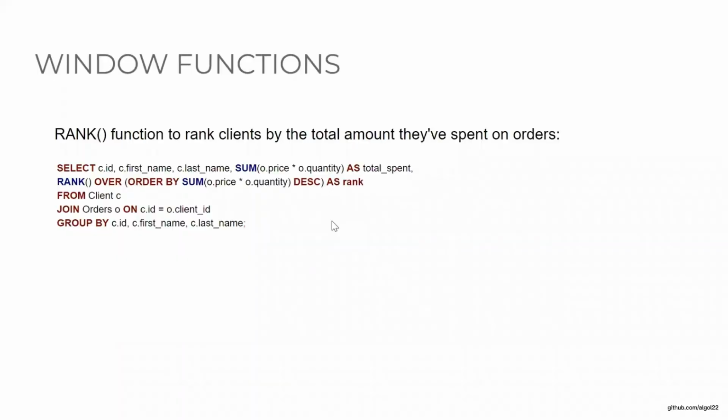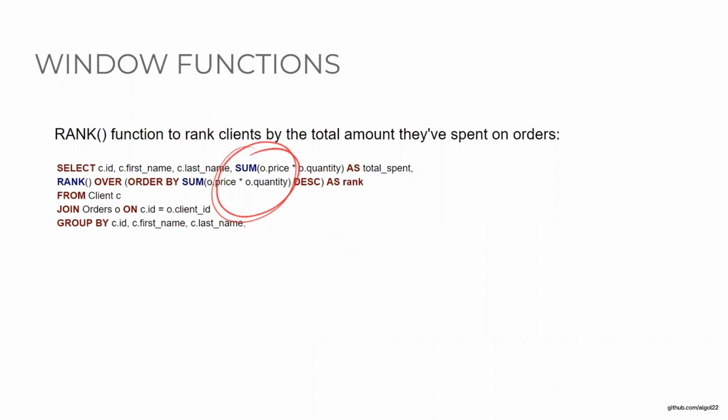Window functions allow performing complex calculations over a subset of rows. Input values for window functions are taken from a window set of a select statement. Window functions use the over clause. In this example, the rank function is used with the over clause to calculate the rank of each client based on their total spend.